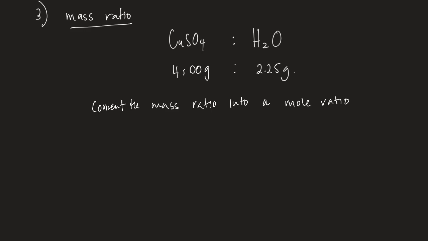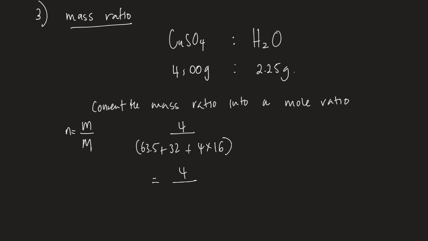You know how to do this: n is equal to m over M. So you're going to say 4 divided by your molar mass of copper sulfate, which is 63.5 plus 32 plus 4 times 16.